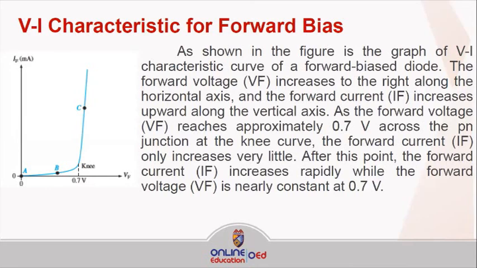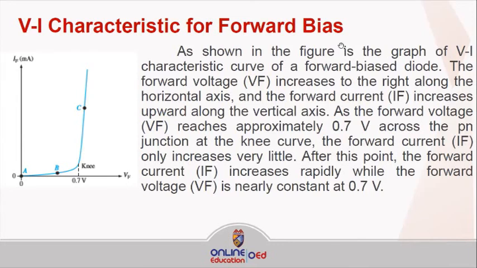Okay, ito naman yung voltage versus current characteristic for a forward bias. As shown in the figure is the graph of a voltage versus current characteristic curve of a forward bias diode. Then the forward voltage VF increases to the right along the horizontal axis, and the forward current IF increases upward along the vertical axis.